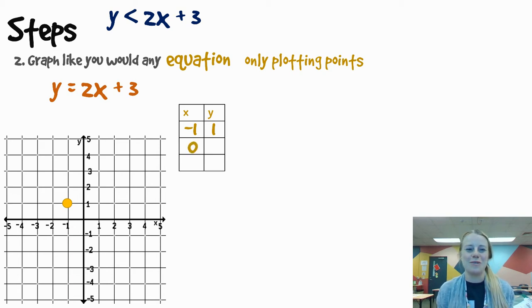Another easy point, when x is 0: 2 times 0 plus 3, y is going to be 3. So when x is 0, y is 3. That's where that point is. Another easy one is when x is just 1: 2 times 1 plus 3 is 5. And that's where our point is.